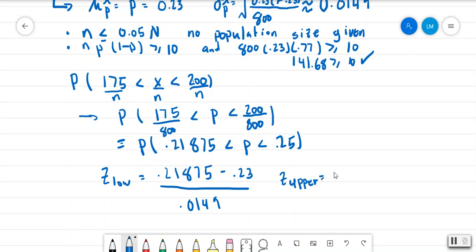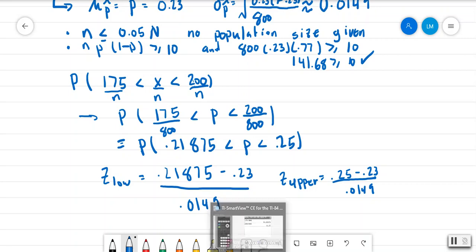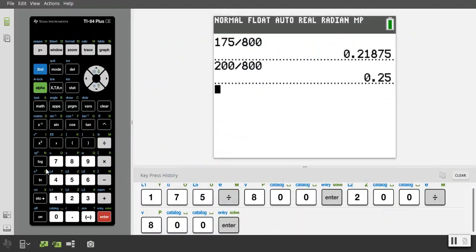Okay, so that's going to be 0.25 minus 0.23, and all of this is divided by 0.0149. This part, to be honest, is not very necessary because the calculator can figure out how many deviations the sample proportion is.